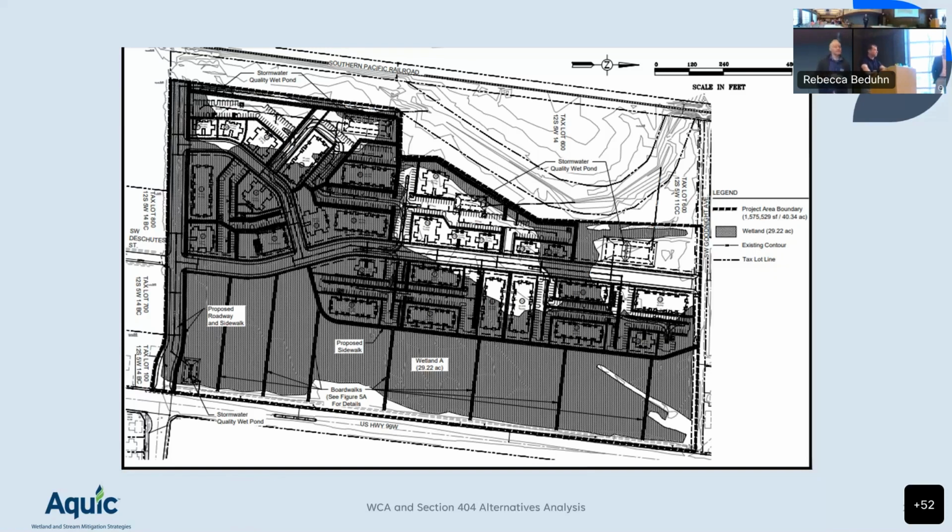This is kind of an extreme example, but it's very common to have discussions about the number of lots. A developer or landowner wants 200 lots. We say, well, if you could avoid all the wetlands and still have 15 lots, that's probably not practical, probably not a viable project anymore to go from 200 down to 15. But if you could avoid the highest quality wetlands and have 182 lots, that might still be practicable.